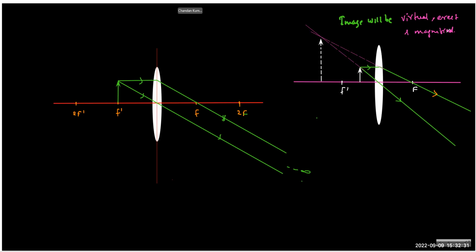So these are the image formations due to the various positions of the object, and you can derive the magnification formula using similar triangles. Whenever you want to derive the magnification formula in a lens, the procedure is the same. You draw the ray diagram. Let's prove it by drawing for a convex lens. That's easy actually.